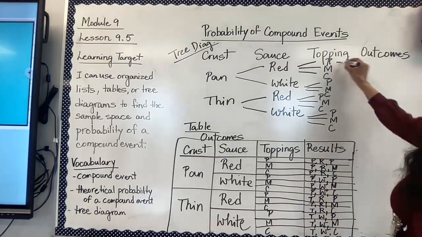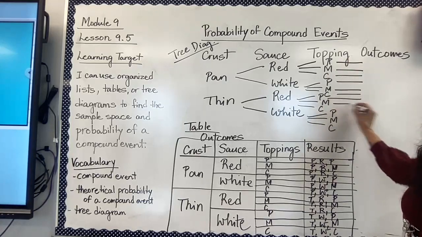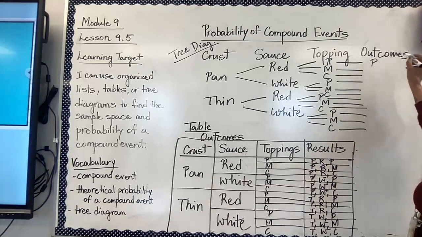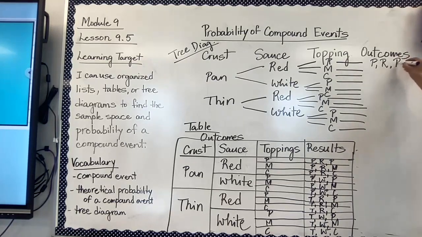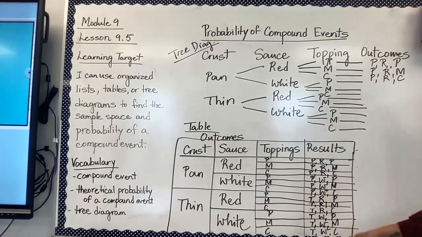And then all my outcomes are going to look exactly like the table. Okay, so pan, red, pepperoni, pan, red, mushroom, pan, red, cheese, and then this continues. So it's going to look exactly like this.